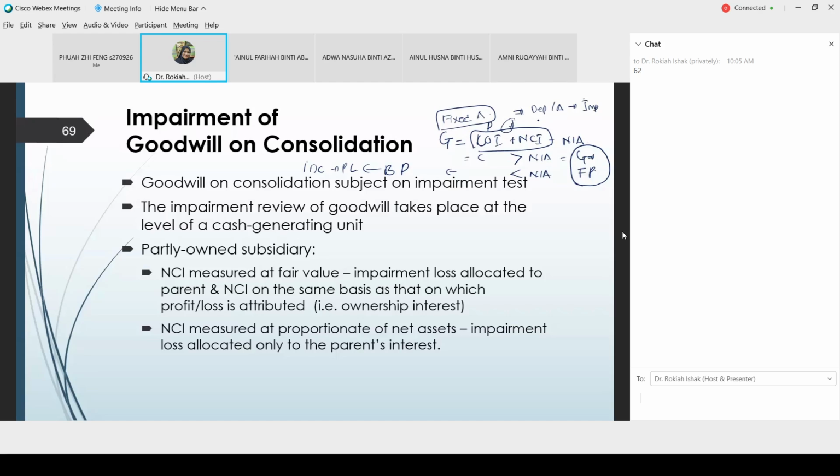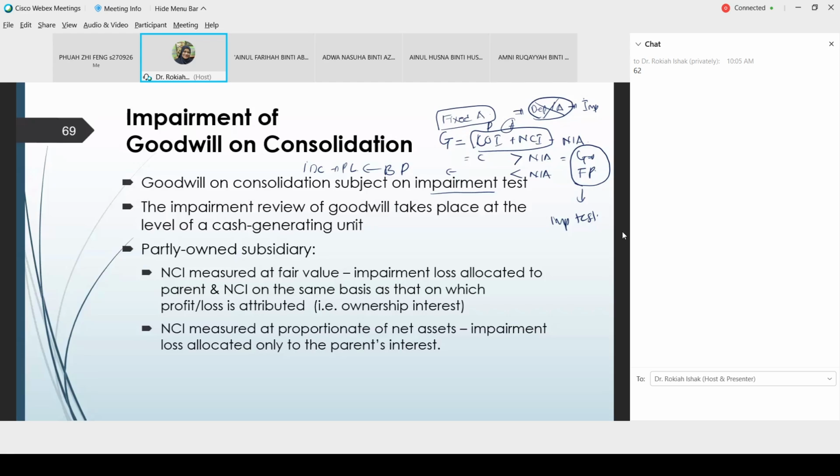But in the case of goodwill, there is no amortization or depreciation. Goodwill is only subject to the impairment test, which we need to review every year.